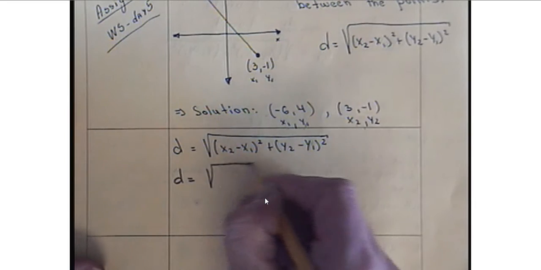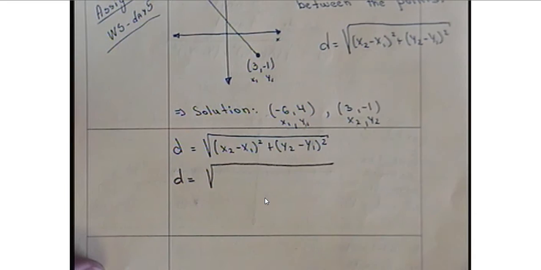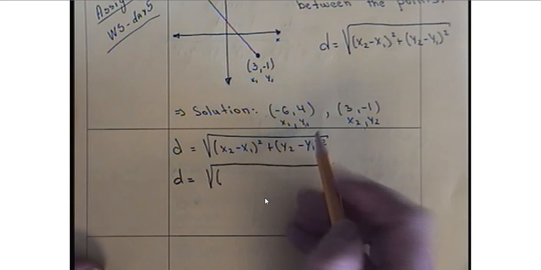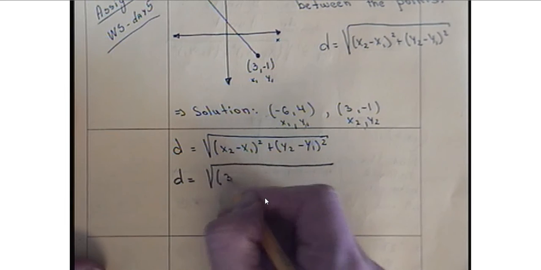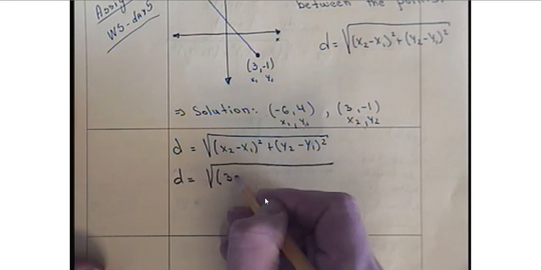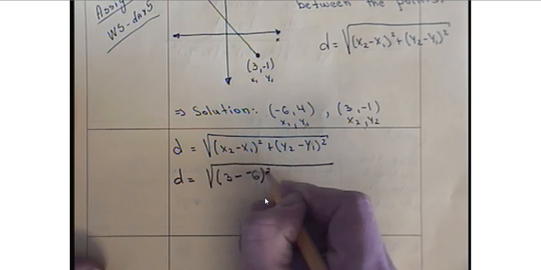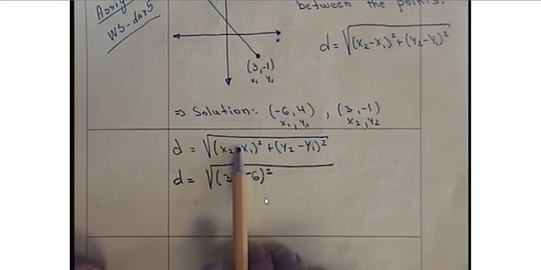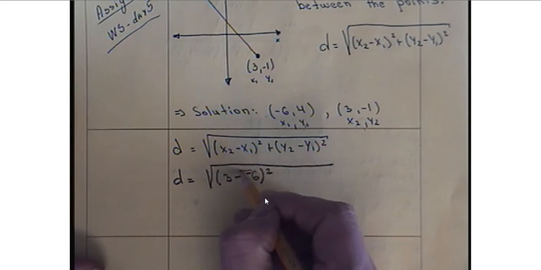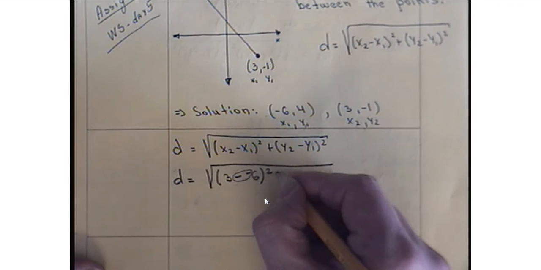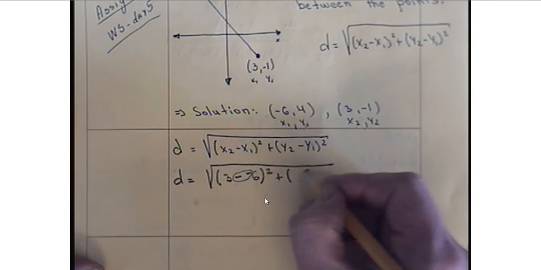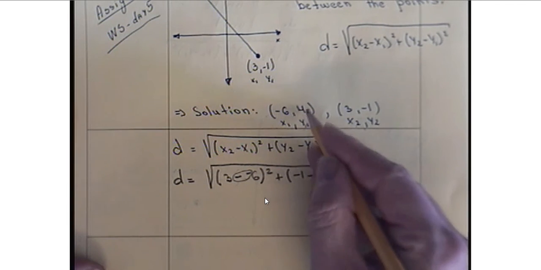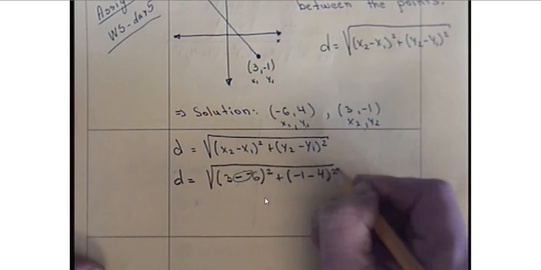So we are drawing this big square root, and under it, x2 variable, I will put 3, minus x1 variable is -6. So look at this, the formula has a negative sign, this number also has a negative sign, so we have two negatives here, be aware of that. Then plus y2 is -1 minus y1 is 4 to the second power.